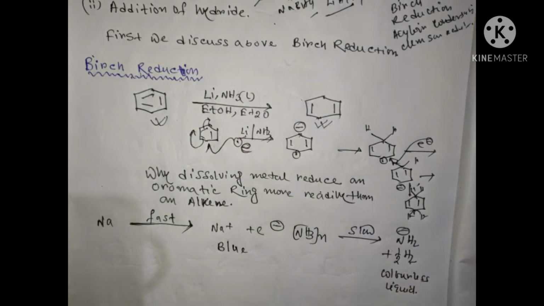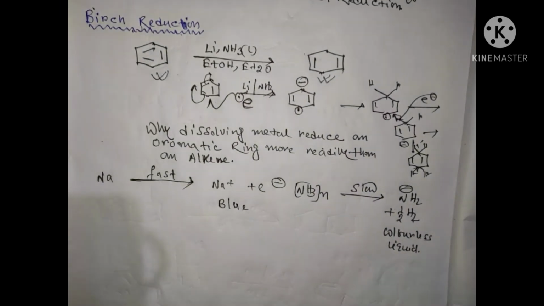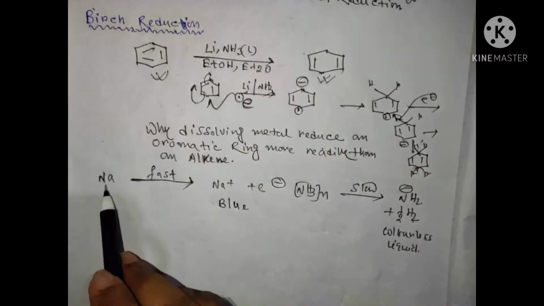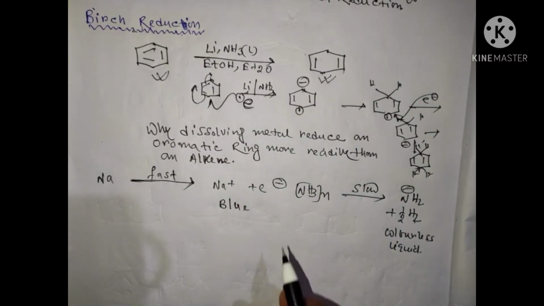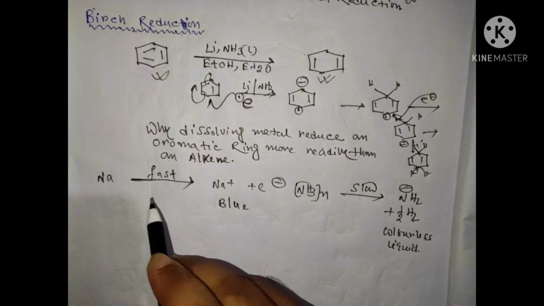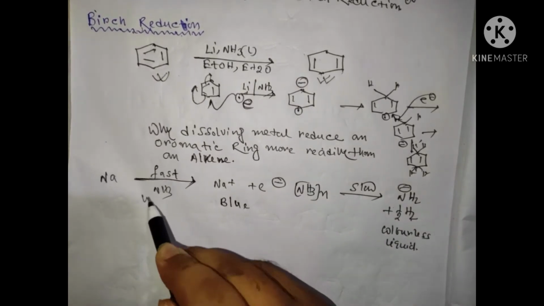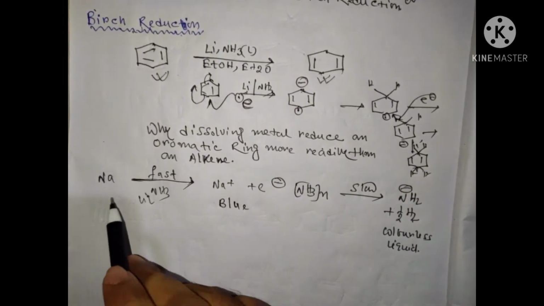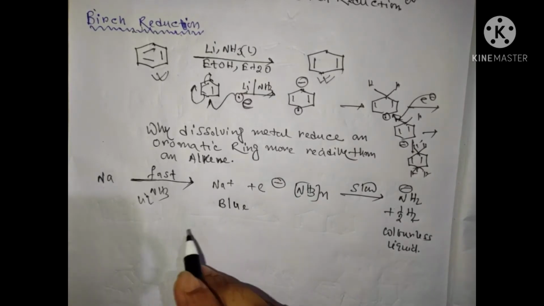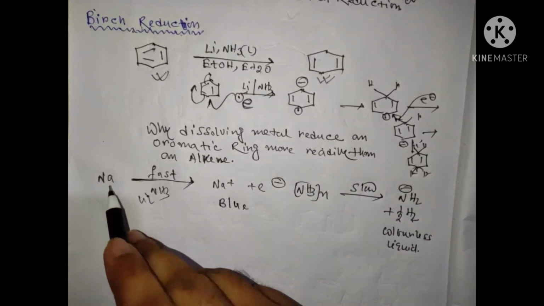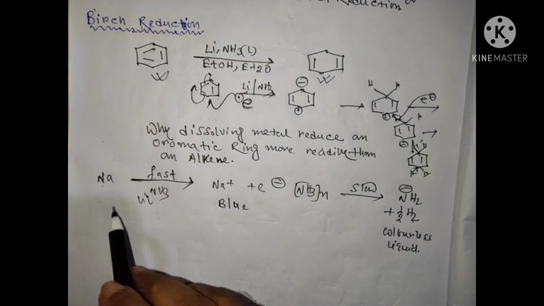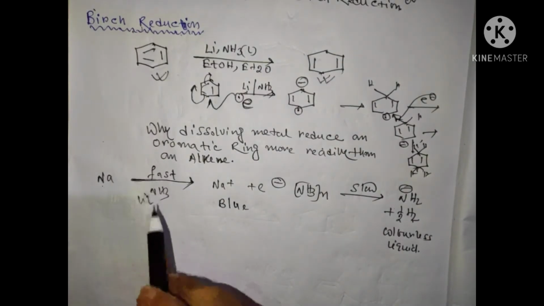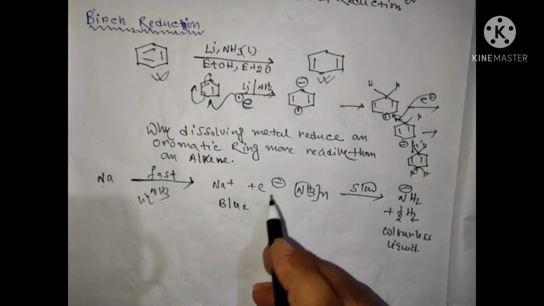If we go a little deeper into that process, first we put the sodium metal in liquid ammonia. What happens? The outermost shell electron of sodium is easily released, and it becomes Na plus and an electron.